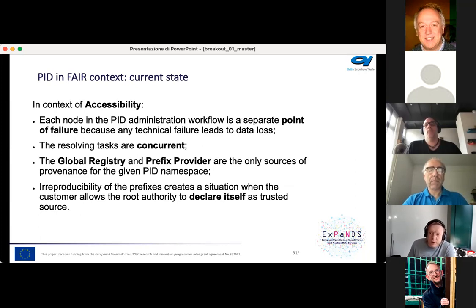So now we have concurrent resolving tasks from the side of a client, of a PID customer, and any other person within the workflow. And every member of such a workflow is a single point of failure. So that always affects accessibility, as I already said. Please, next slide.